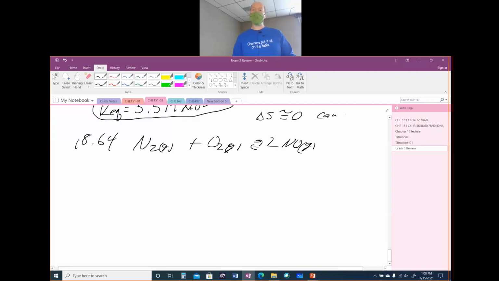You cannot predict the sign of delta S. All right, so it's going to be small because you have two gases going to two gases. You cannot tell me whether it's going to be positive or negative. You have to calculate it.